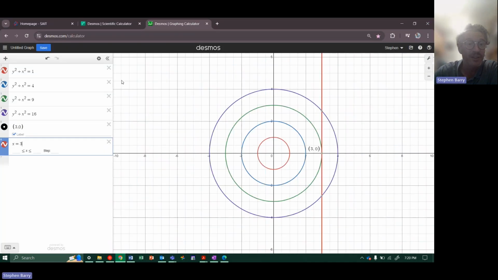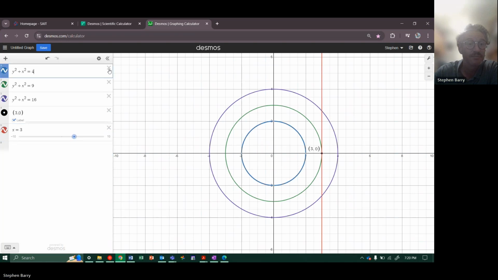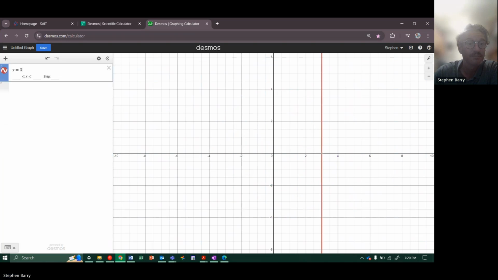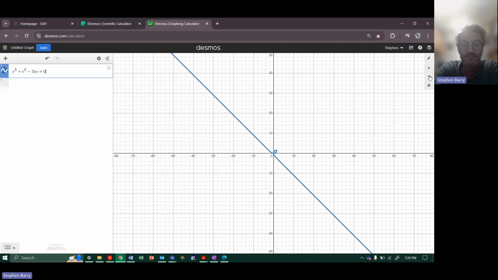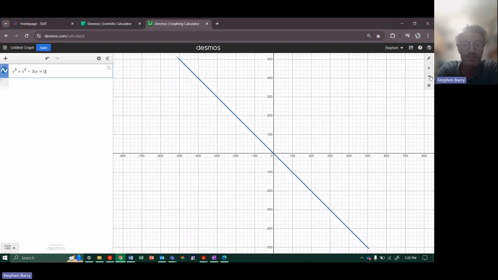Let's take a look at what that looks like. The beauty here is that if you zoom out, you wouldn't know it's there.